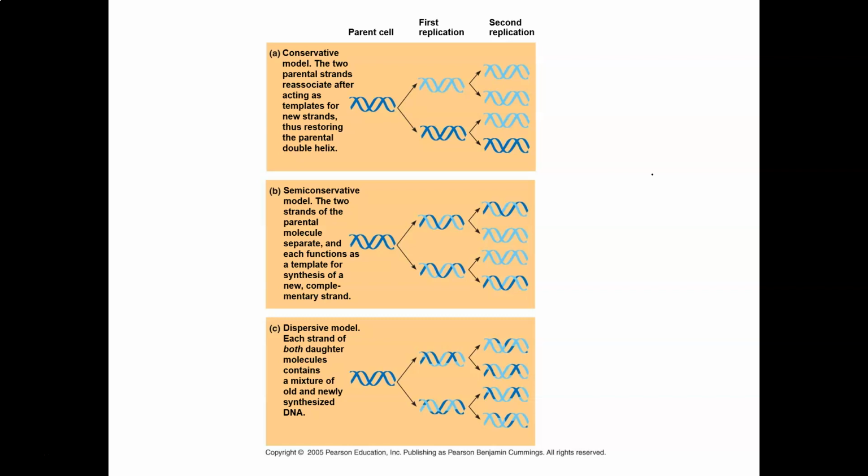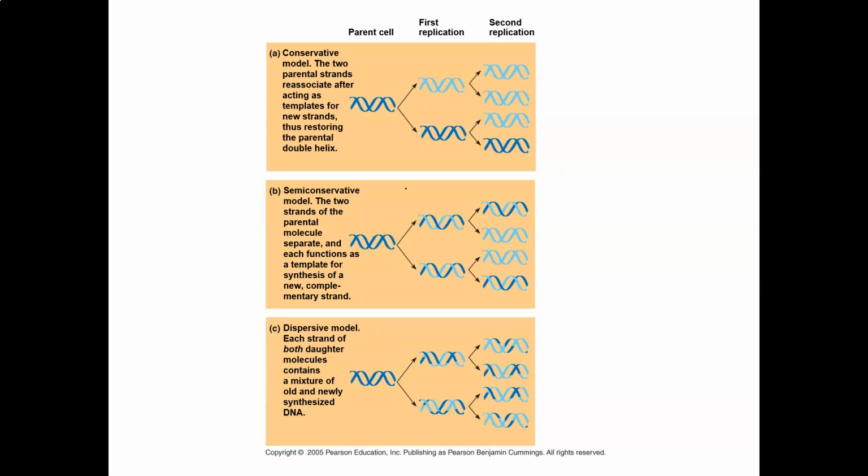So that was in their paper, and partly why their paper is still talked about today, even though it was published back in the 60s, and they received the Nobel Prize for their work. Okay, now we know that the mechanism we just talked about, how the two parental strands separate and new ones are made, is now the accepted model of DNA replication.